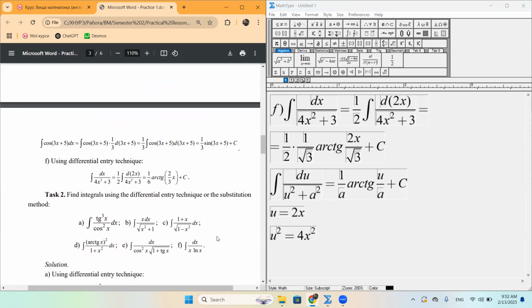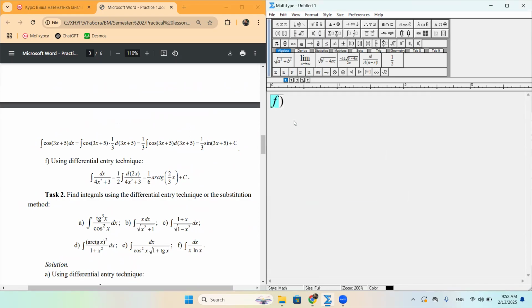I don't think that we will really need the substitution method, but let's see. So for a, let's calculate integral a.